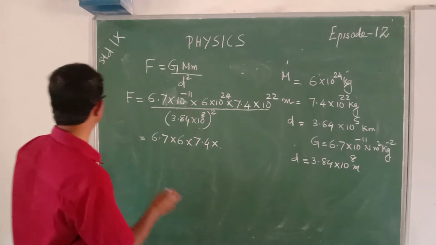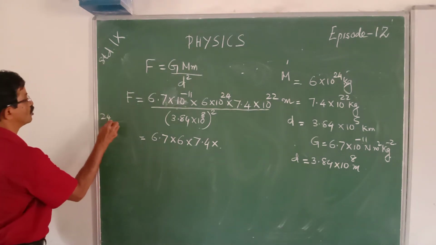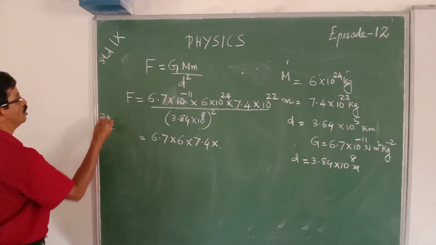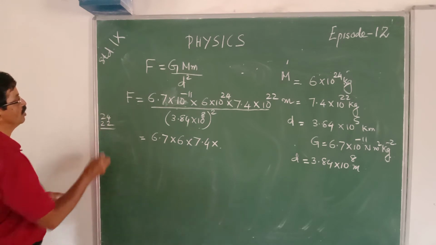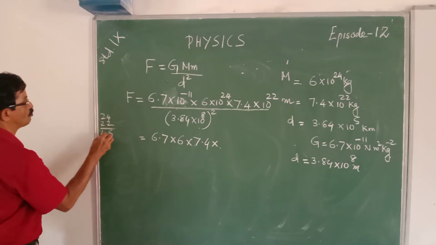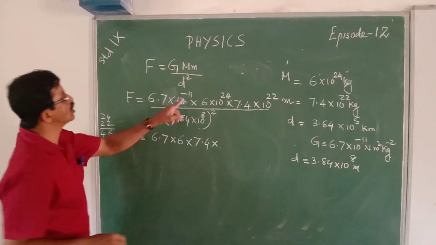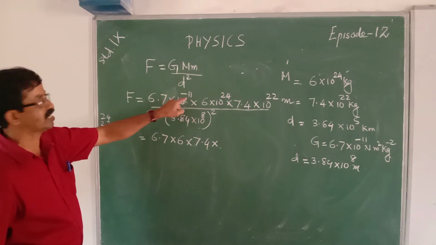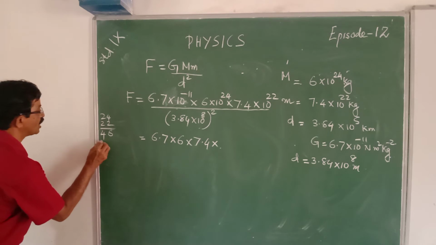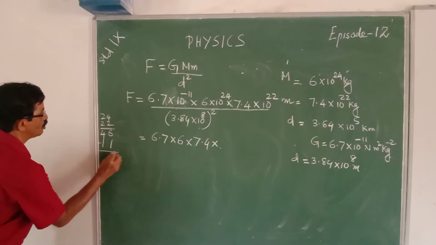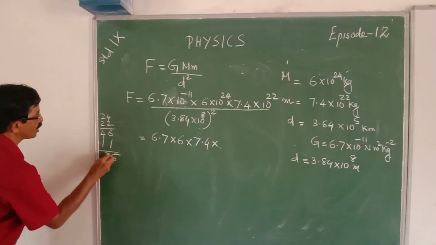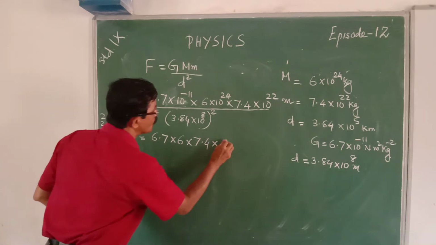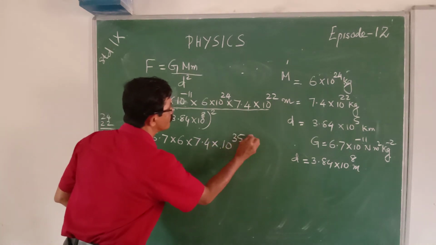How much will it come? 24 plus 22 is 46. From this we can subtract 11, that is we subtract minus 11, giving 35. That means 10 raised to 35.